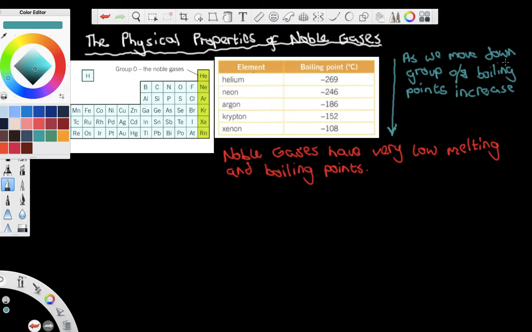Now, the reason we say increase is because, remember, this is a minus value. We're getting closer to 0. So it's actually going up.